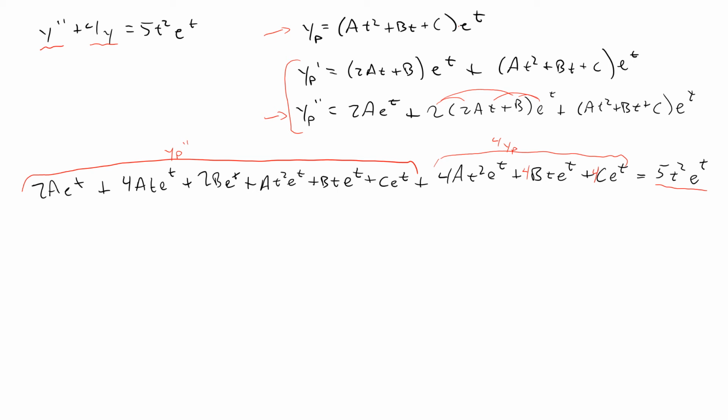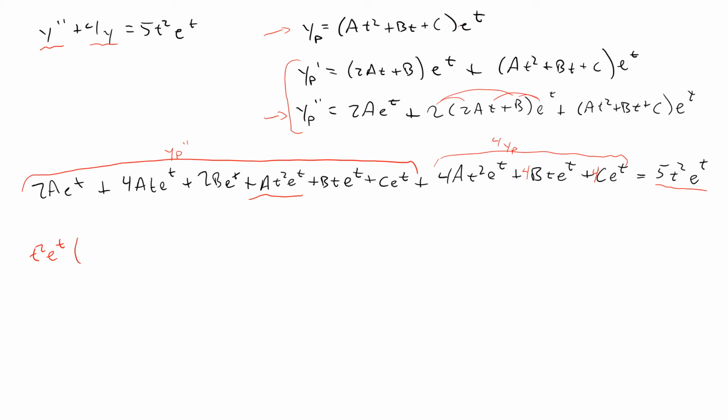We'll do something similar to what we did before, where we compare coefficients, and to do that, I'll want to group everything together according to powers of t. So let's group together all the t squared e to the t's first. So scanning through this long line, t squared e to the t, where do I see that showing up the first time? I see it right here.